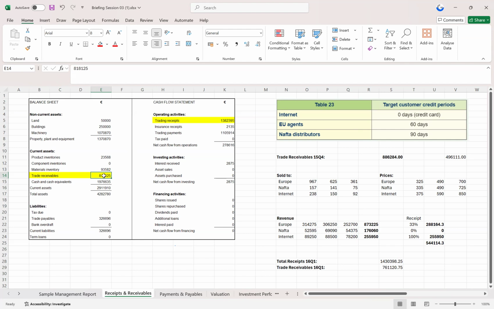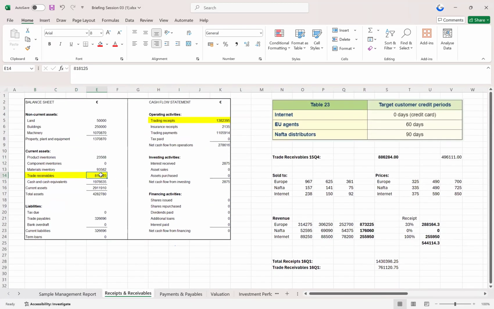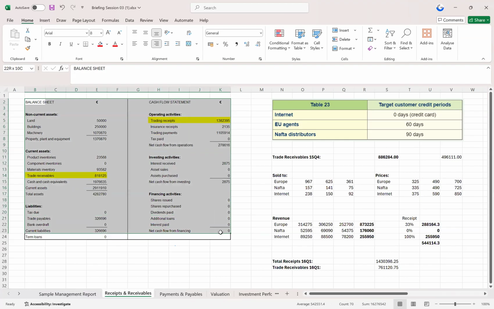Yes sir, this has come from my last quarter report. Yeah, so this will be received in the next quarter. Whatever is receivables, it is trade. Yes, this will become my receipts in 16 quarter 2. So this is the report of 16 Q1.